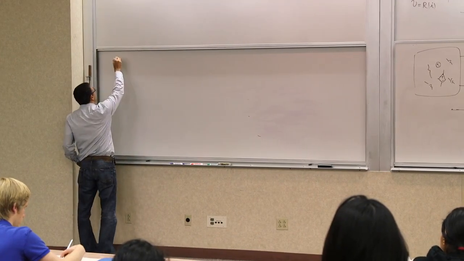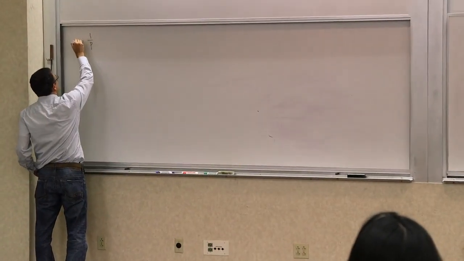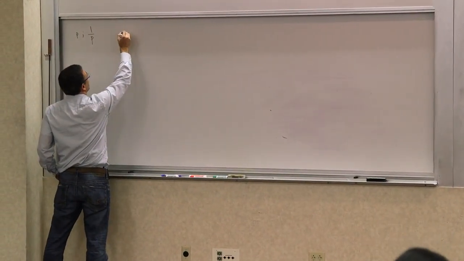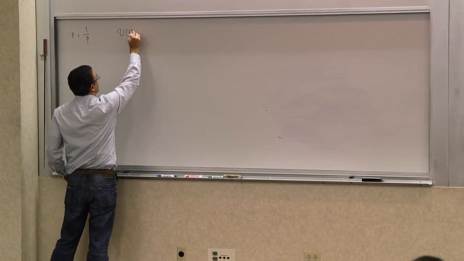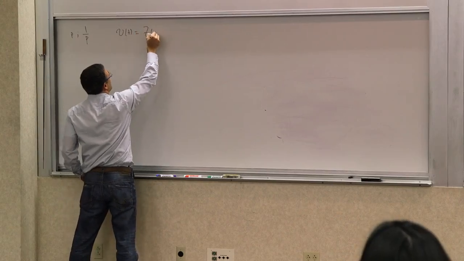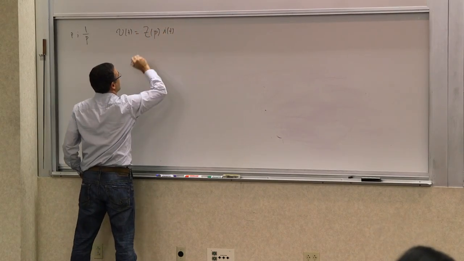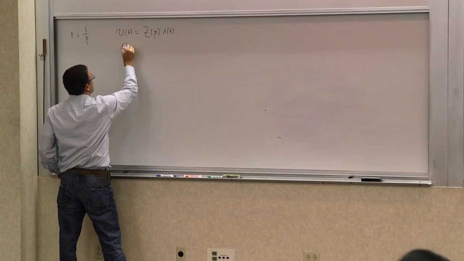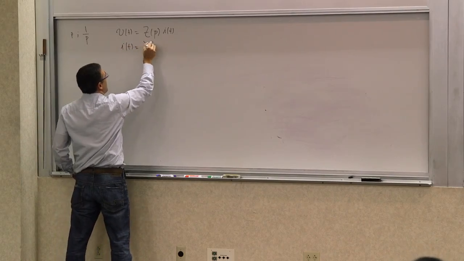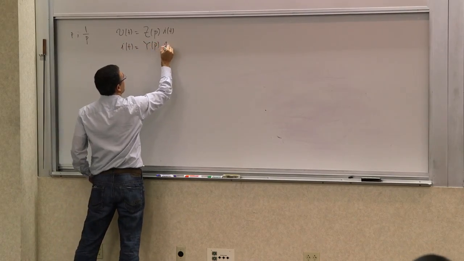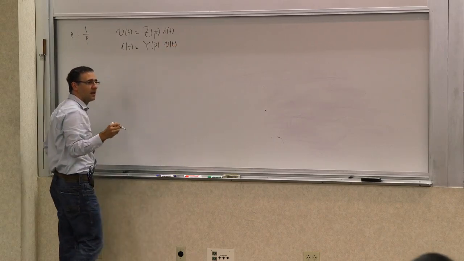So we took the P and 1 over P operator, and we extended it. We said, look, you can define a voltage across something as the operator Z of P operating on its current as a function of time. Or conversely, its current being the operator Y of P operating on its voltage.